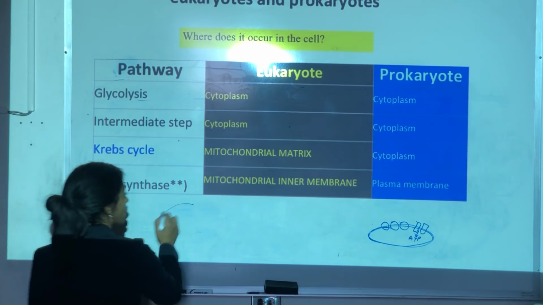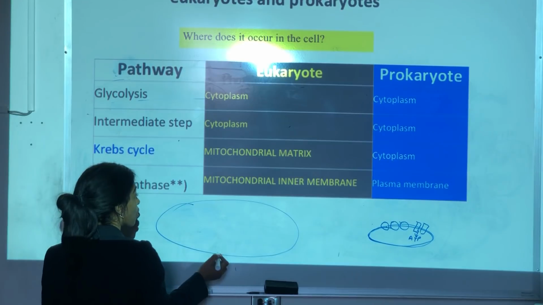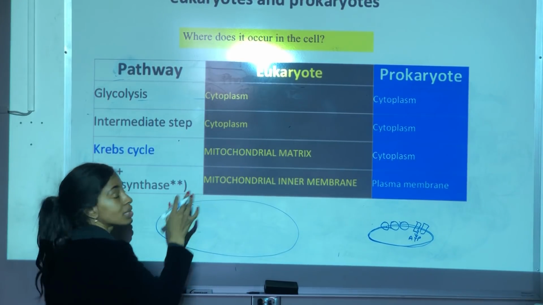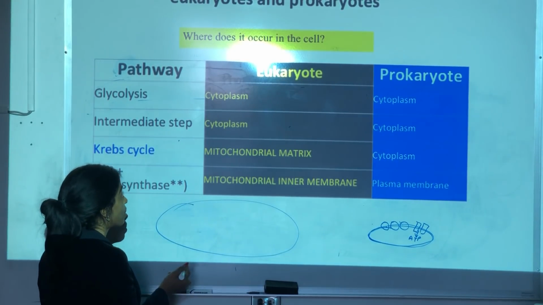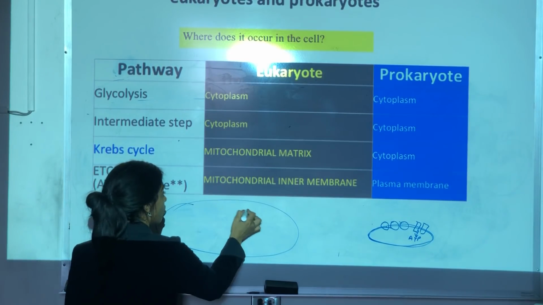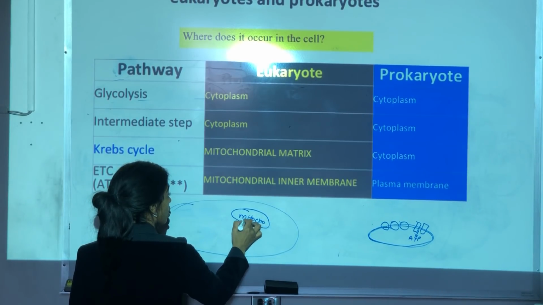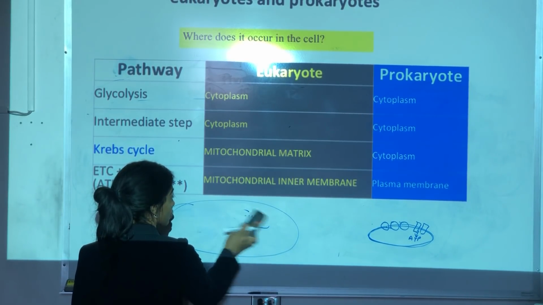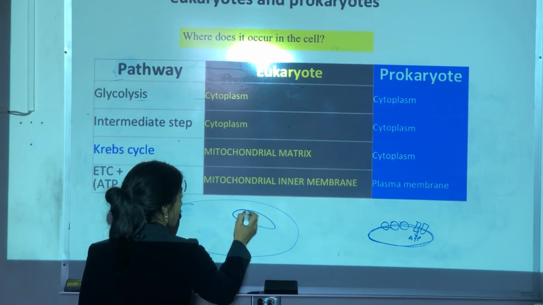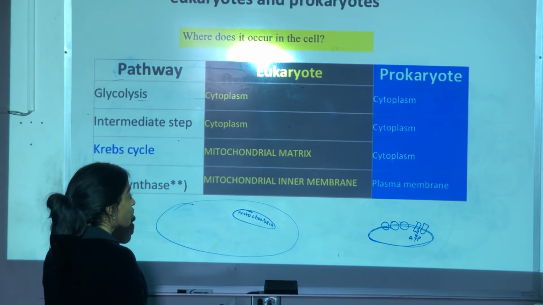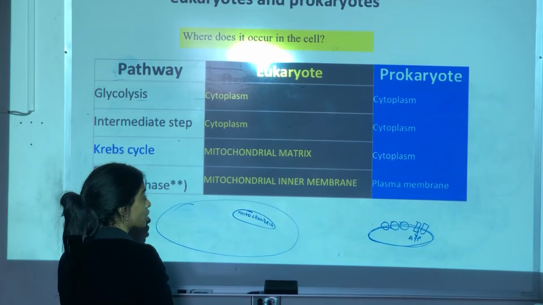But with eukaryotic cells, of course, they're slightly larger. The glycolysis and the intermediate step happen in the cytoplasm, and then eventually the process has to get transferred to the mitochondria. With the mitochondria, where are these complexes?